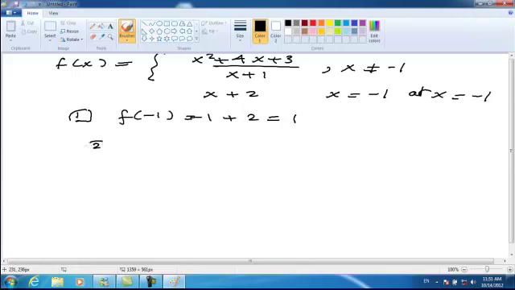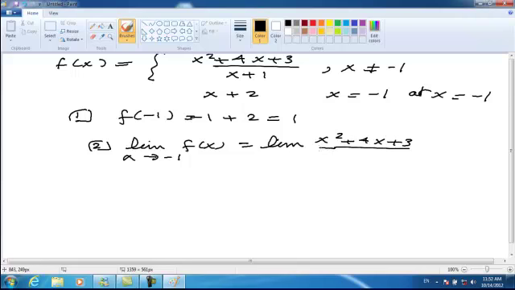Condition 2, limit f of x as x tends to minus 1 equals limit of x squared plus 4x plus 3 divided by x plus 1 as x tends to minus 1.